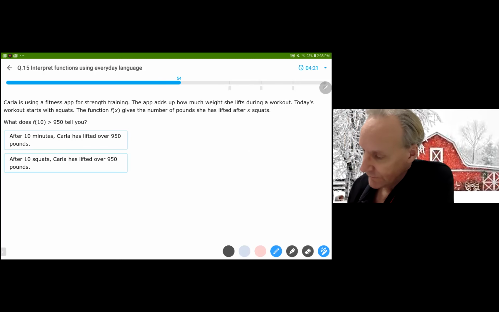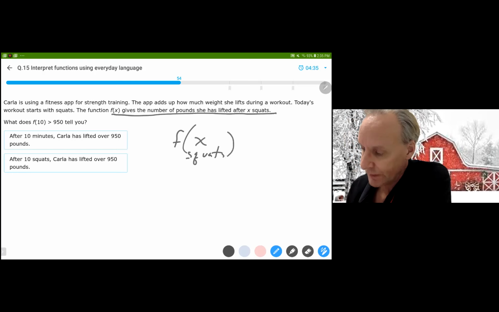Okay, f of 10, let's see. F of x is the number of pounds she had lifted after x squats. So x is squats, and I assume this is total pounds.